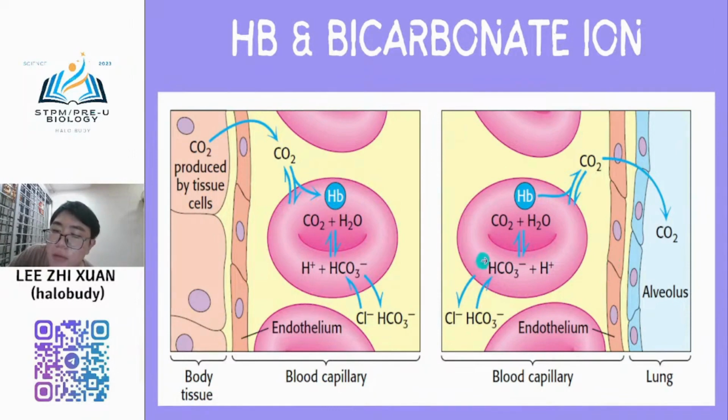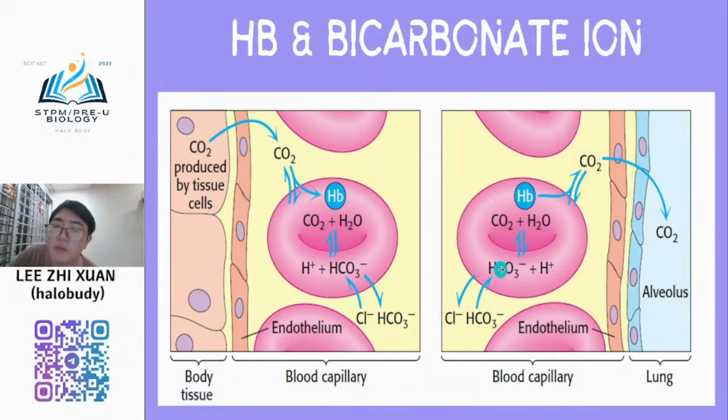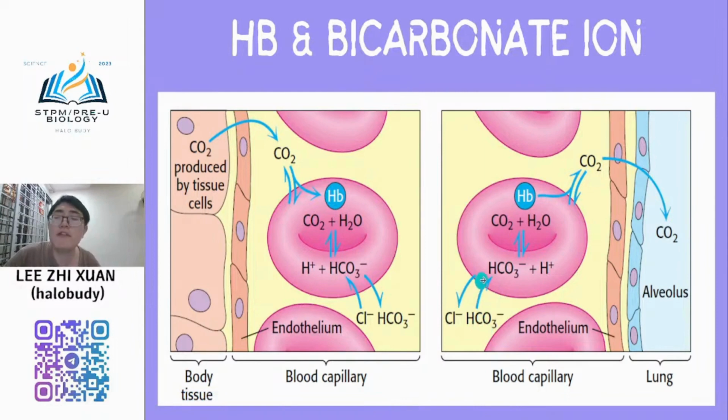Once it reaches the alveolus, the chloride ion will diffuse out from the erythrocyte. When it reaches the blood capillary near the alveolus, the chloride ion diffuses out, and the bicarbonate ion in the blood plasma diffuses back into the erythrocyte.